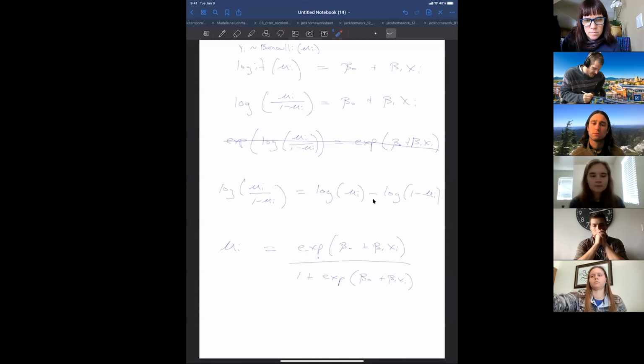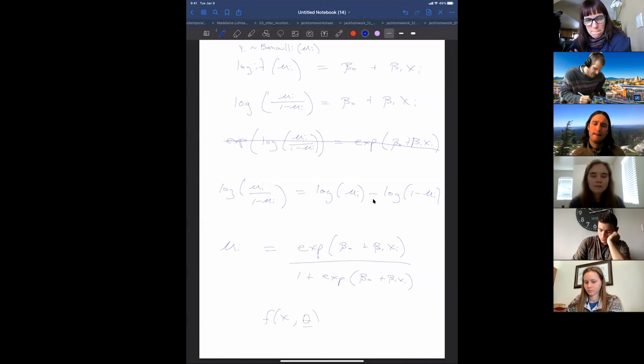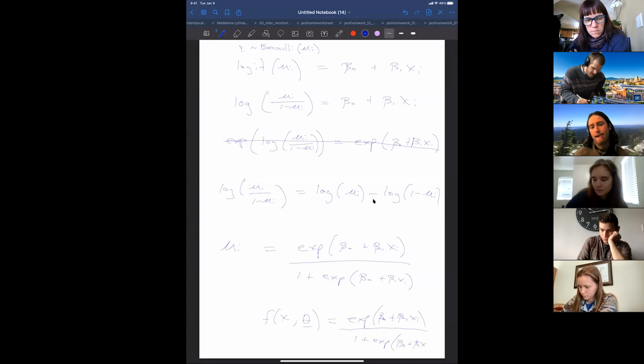So now going back to calculus, here's our f of x. F of x and our parameters beta in here, we'll just call those theta, equals the exponent of beta 0 plus beta 1 xi divided by 1 plus the exponent of beta 0 plus beta 1 xi.